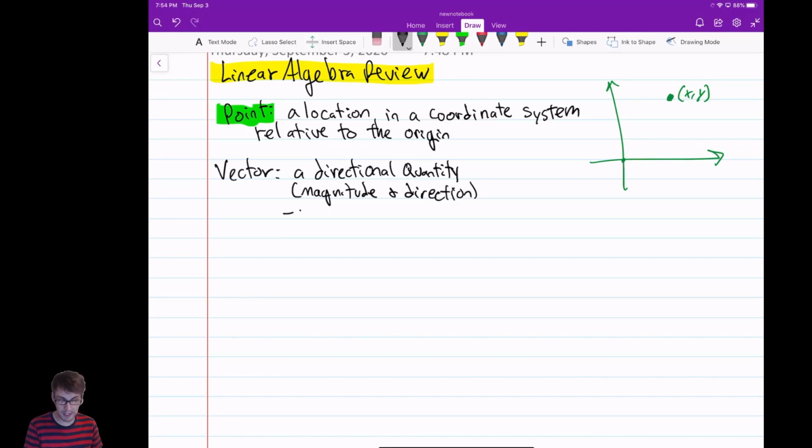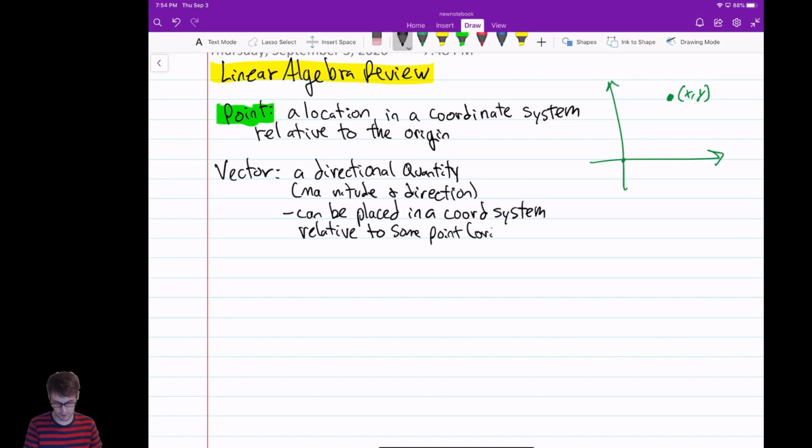And you can place it on a coordinate diagram. So it can be placed in a coordinate system relative to some point. Typically, maybe the origin is one common point.